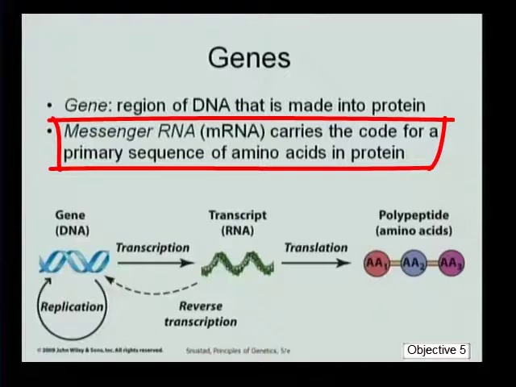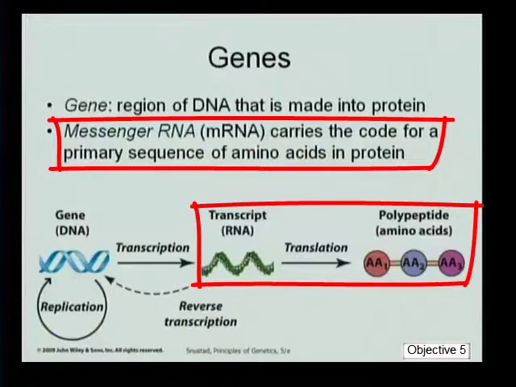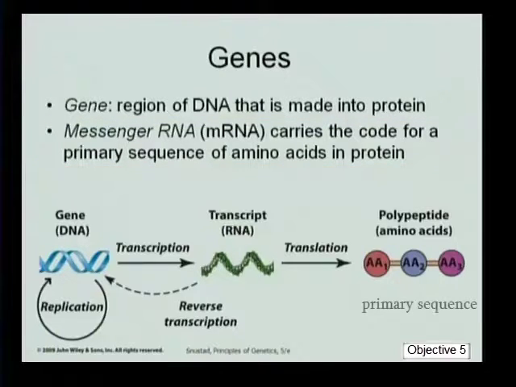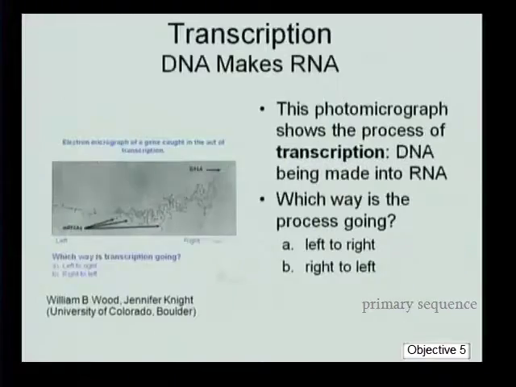So in the process of translation, that RNA transcript is translated into a protein primary sequence, the sequence of amino acids in the protein. Shown here is AA1, the first amino acid, AA2, the second amino acid, AA3, the third amino acid, and so forth. And remember that when we string amino acids together in an ordered sequence, we call that the primary sequence of the polypeptide or the protein.